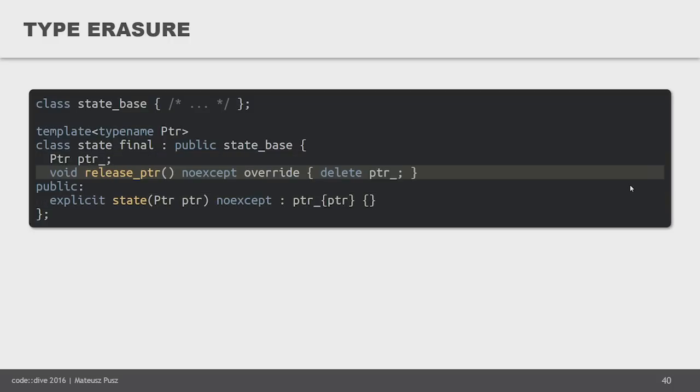And we are implementing the release pointer, the virtual function from the base class, that is able to delete our pointer instance because here it knows the type of the pointer being stored. As you remember, the base class doesn't know anything about the T or PTR. Here we have all the information in a class type.